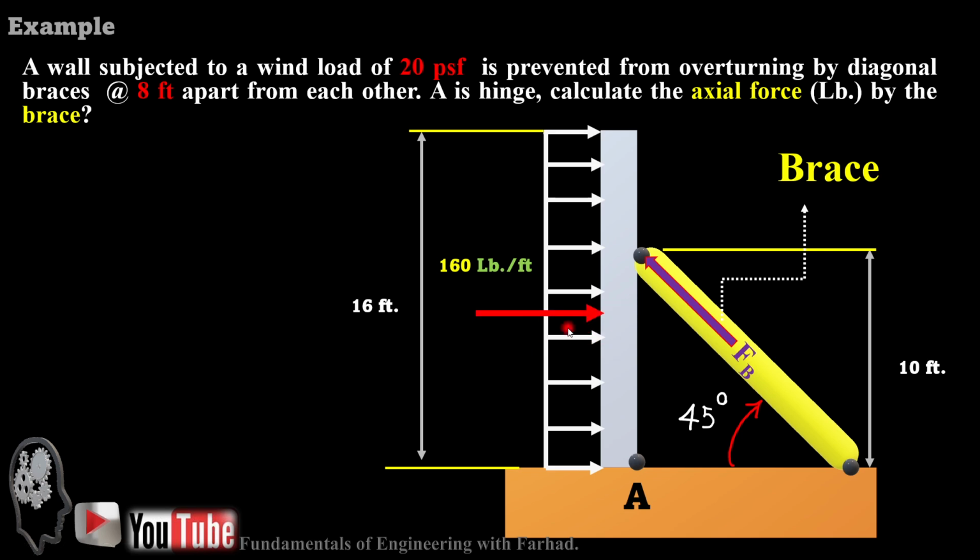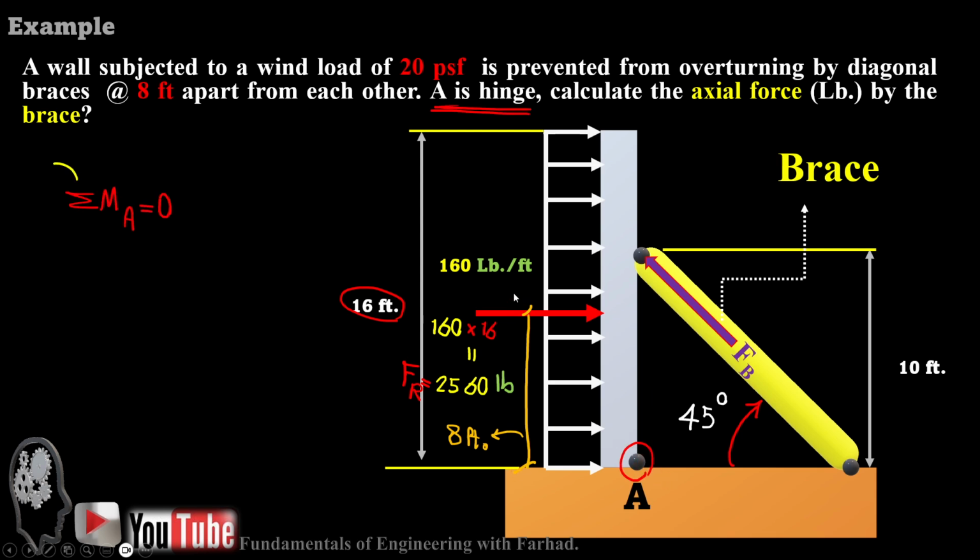This is the resultant force of that distributed load, 160 times 16, which gives the resultant F_R due to the distributed load: 2560 pounds, applied at 8 feet from point A.